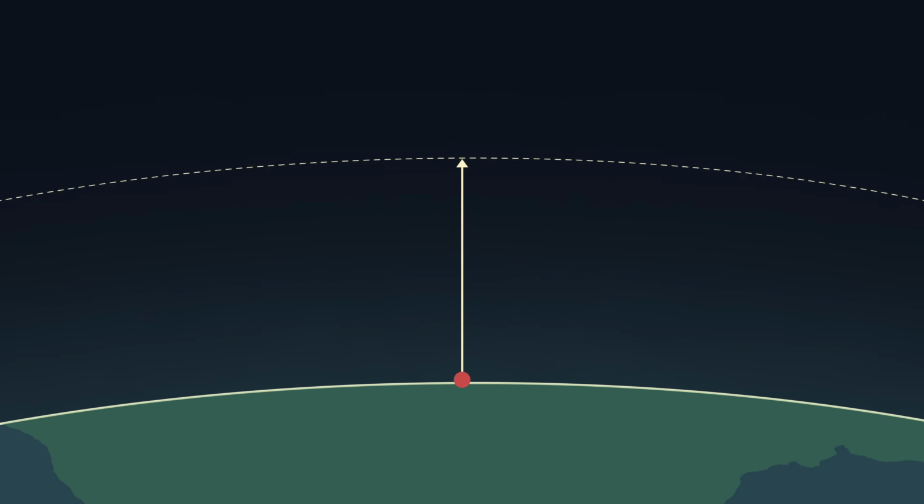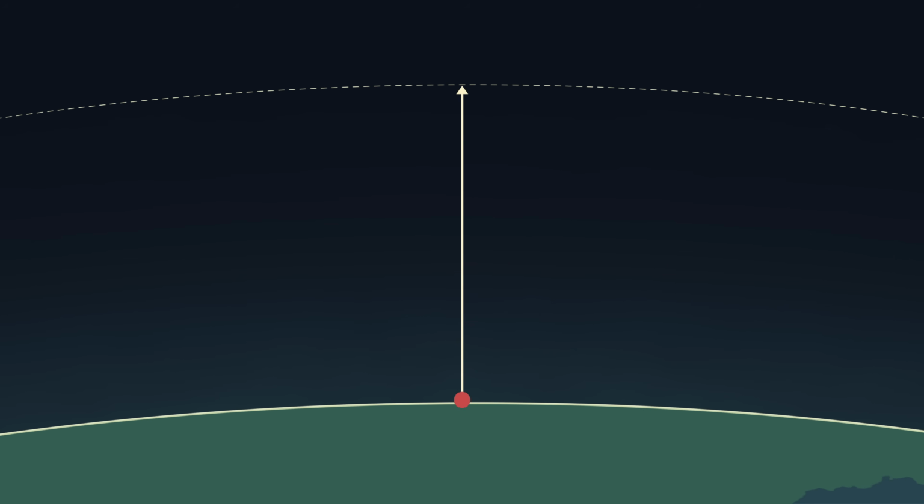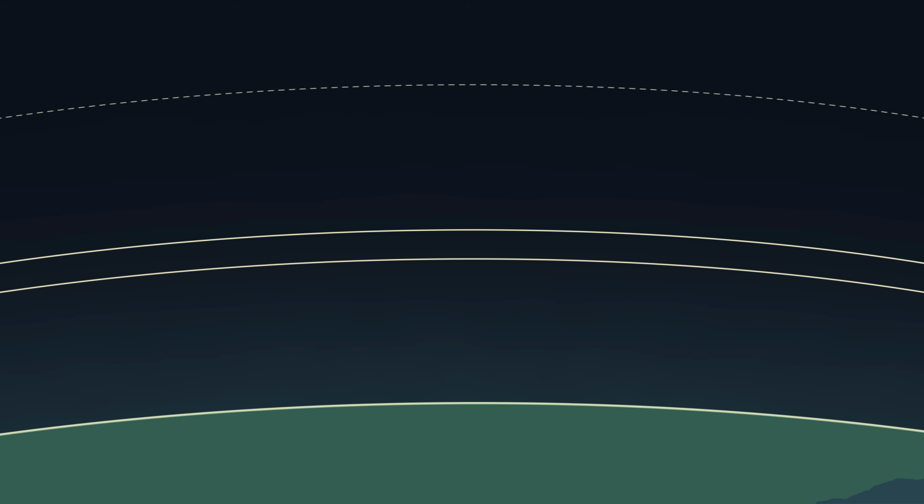Now, to find how pressure varies with altitude, we can consider a thin, infinitesimal slice of the atmosphere with thickness delta H. Assuming this slice is stationary on average, the upwards and downwards forces acting on it must be equal.